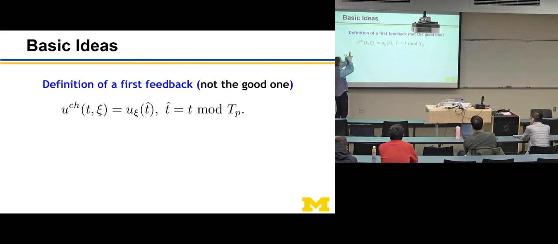So every time the state crosses this surface, I grab that value, and then I use the corresponding control. So I cross the surface, I freeze the state, and then I go open loop. That evolves, it comes back around, I re-update the state, and then I go open loop.